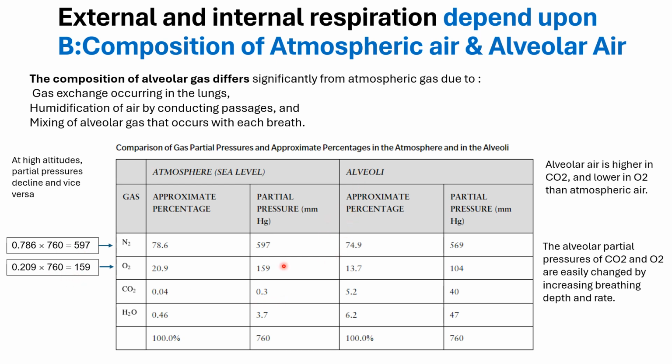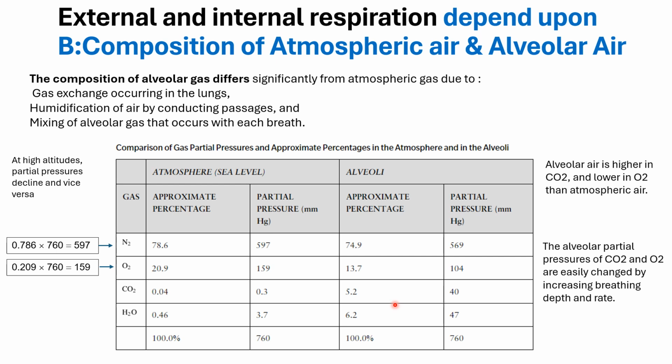So now this is in the alveoli. In the alveoli, what happens to these gases? The nitrogen is 74.9%, and the partial pressure comes to be 569, and the oxygen is 13.7%, and the partial pressure is 104. And now in alveoli, the carbon dioxide is more compared to the atmosphere.